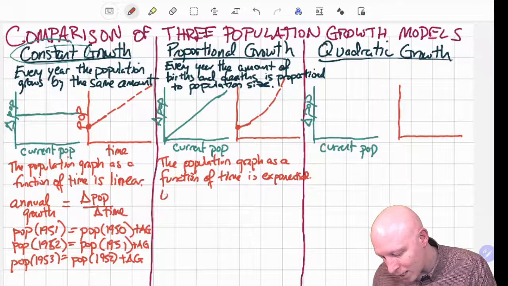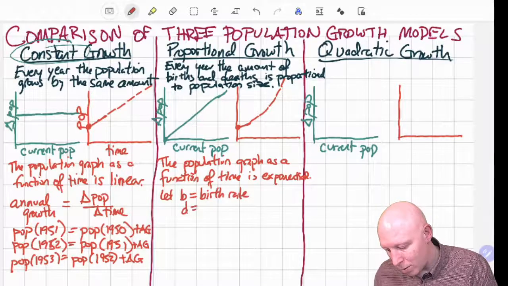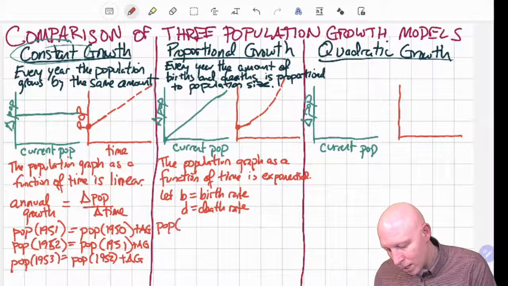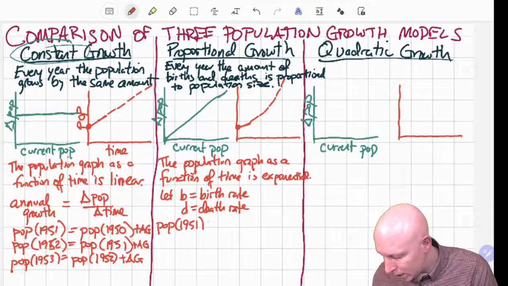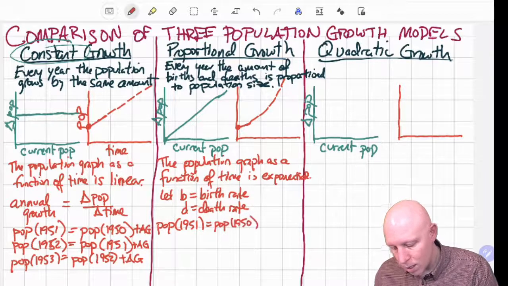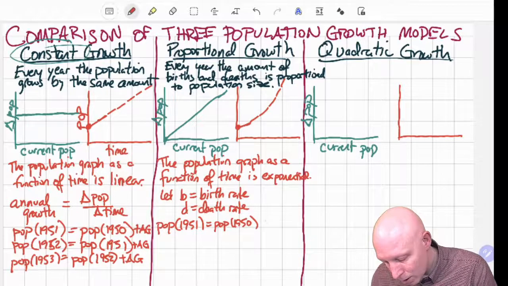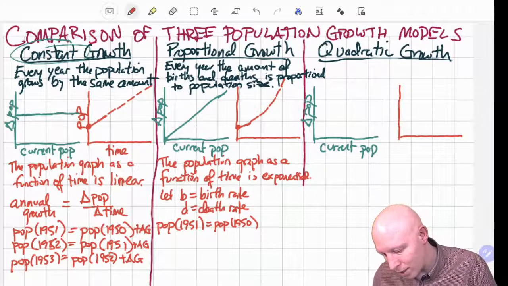So if we let b be equal to the birth rate and d be equal to the death rate, then what's the population at time 1951? Well, it's going to be equal to the population at 1950 plus however much it grew. So how much did it grow? I'm going to take a little bit of space here and then I'll reclaim it later.